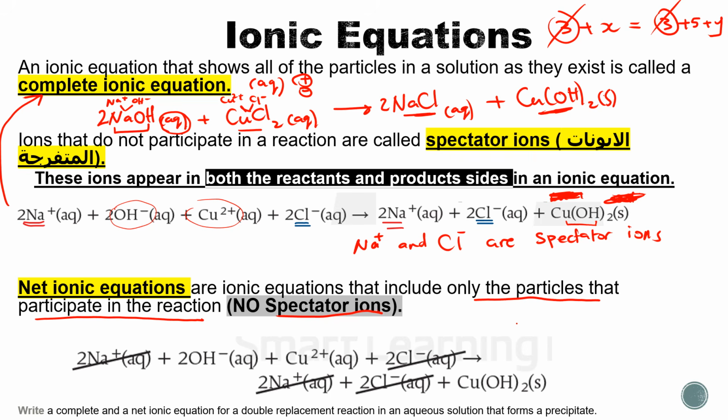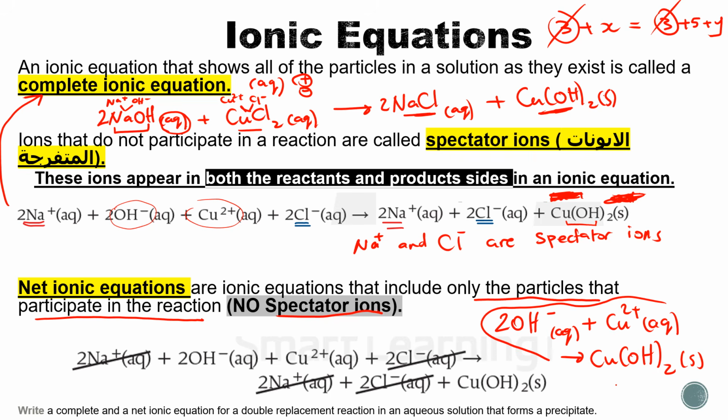And then we get 2OH minus Aq plus Cu plus 2 Aq gives me CuOH2 solid. This one is the net ionic equation.